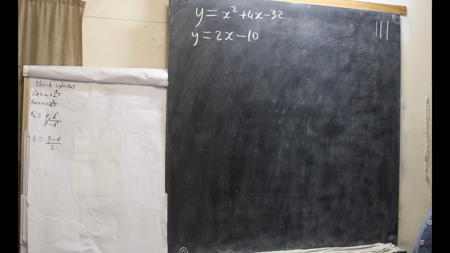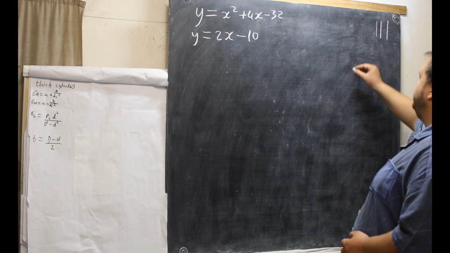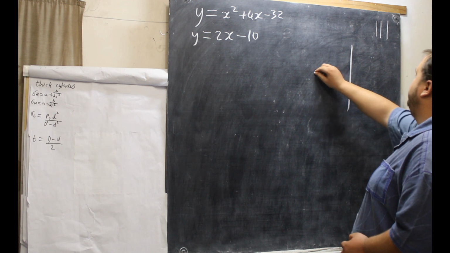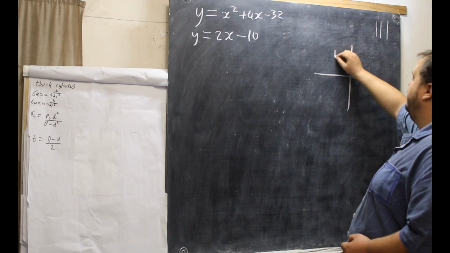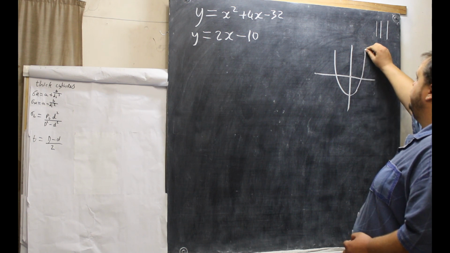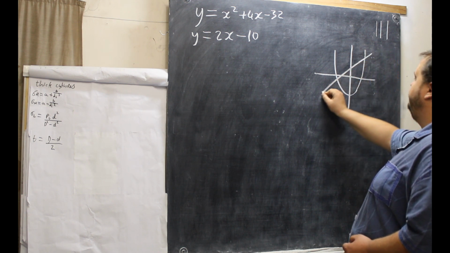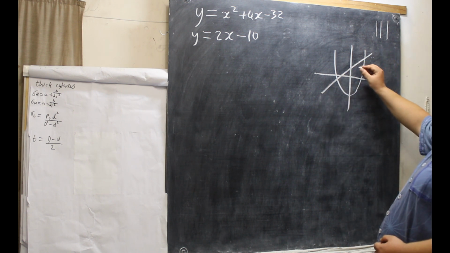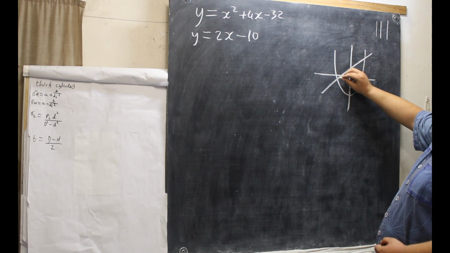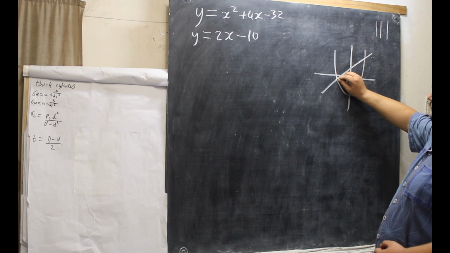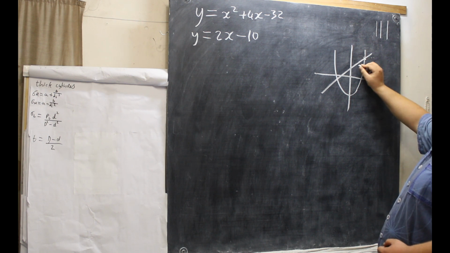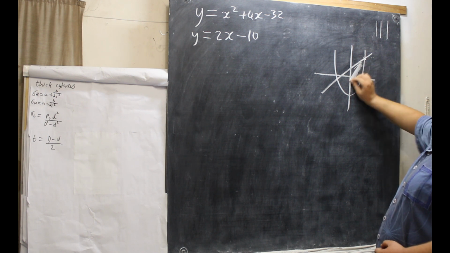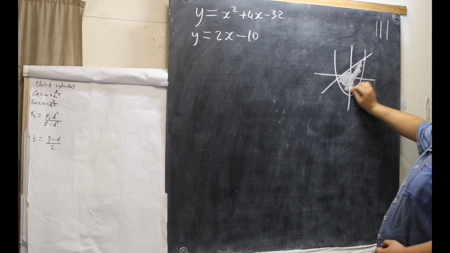These are two graphs: the first one is a parabola, and the second graph is a straight line. What we want is to figure out those points and calculate the area over here.